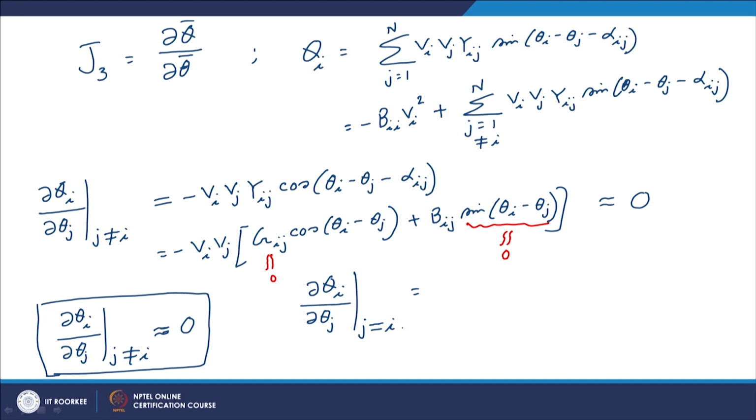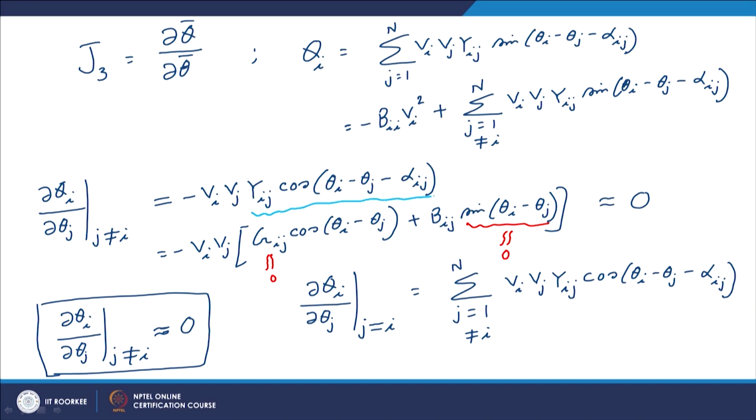So, it would be the sum over j equal to 1, j not equal to i, of Vi Vj Yij cos(theta i minus theta j minus alpha ij). Just now we have done this exercise and we have seen that this part after expansion becomes 0.